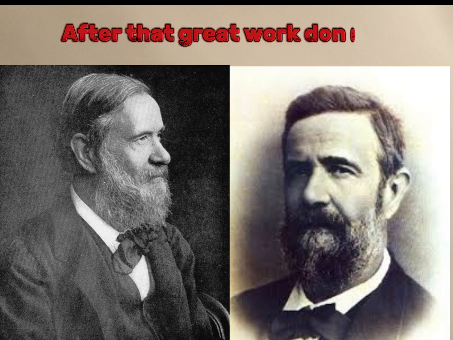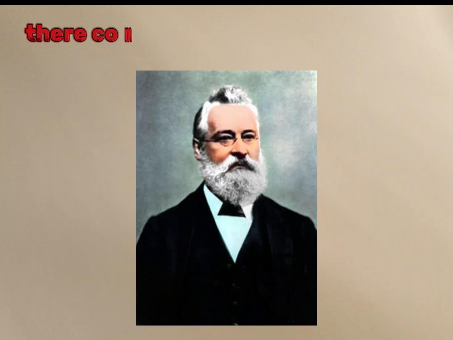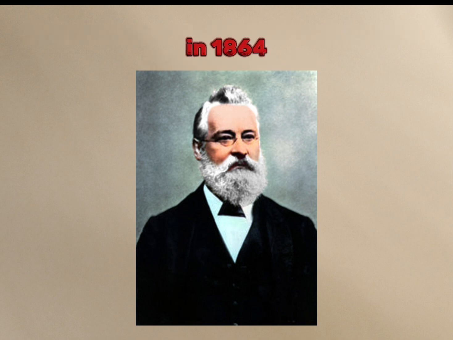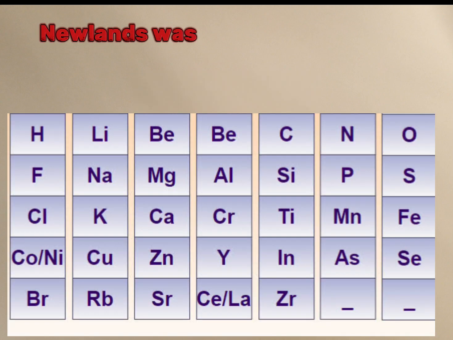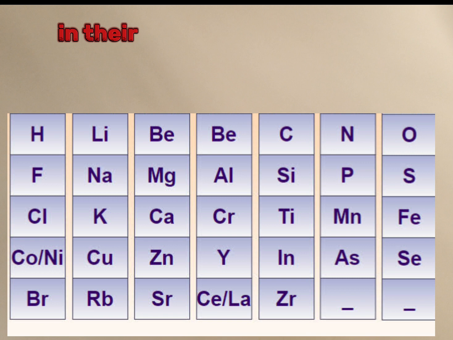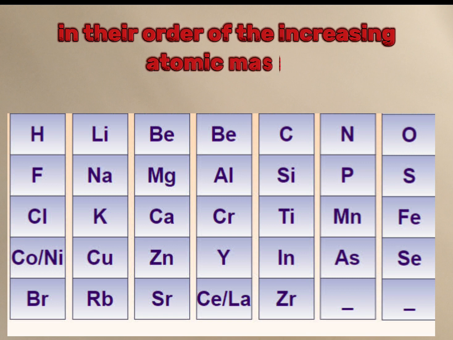After that great work done by Cannizzaro, there comes a British chemist called John Newlands in 1864. Newlands was the first to arrange the elements in the periodic table in their order of increasing atomic masses.